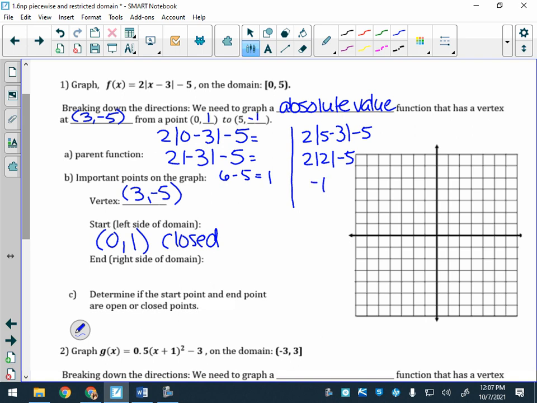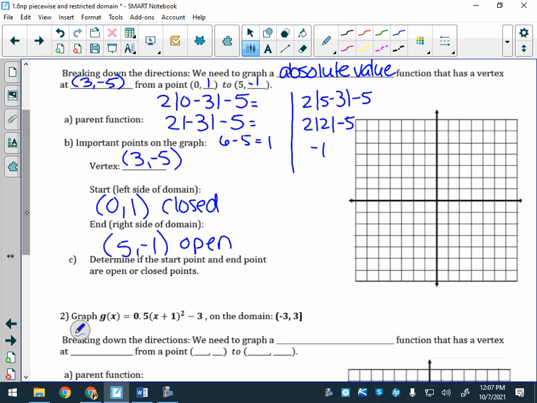Okay. So is (5, -1) going to be open or closed? Open. Okay. So we could start with the vertex, (3, -5). Okay, that's our vertex we know. We also know closed circle at (0, 1), and an open circle at (5, -1).